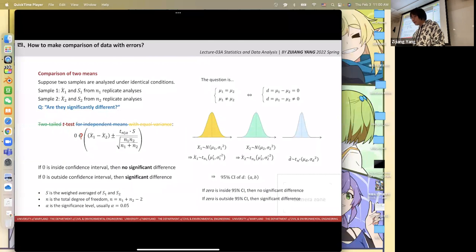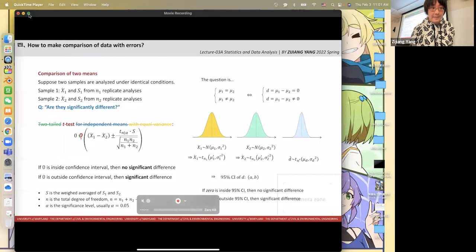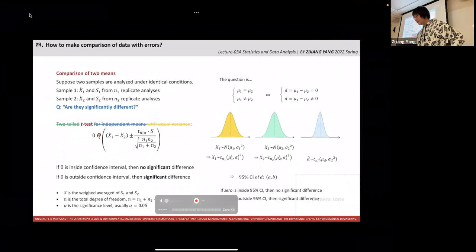First is the t-test. Suppose we have two samples that are analyzed under identical conditions.